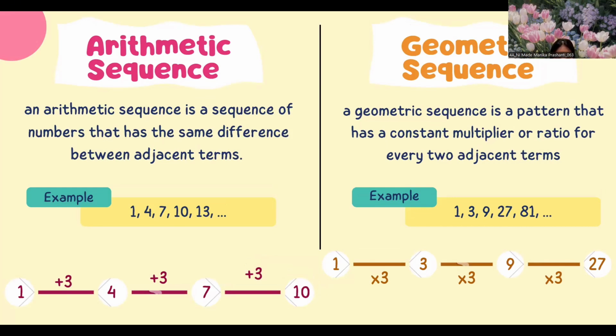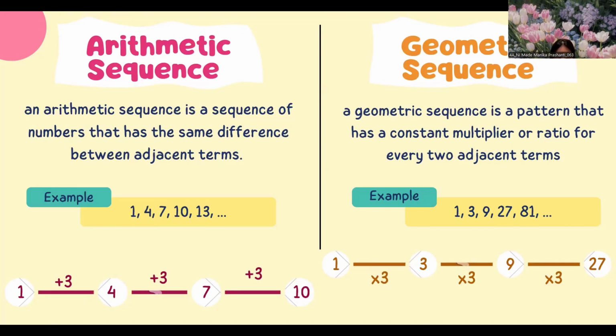An arithmetic series is the sum of the first n terms in an arithmetic sequence. Okay, for example, we have a sequence 1, 4, 7, 10, 13, and so on. Here, the difference is plus 3 because we add 3 to each number to get the next one.